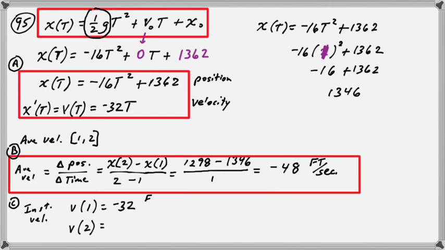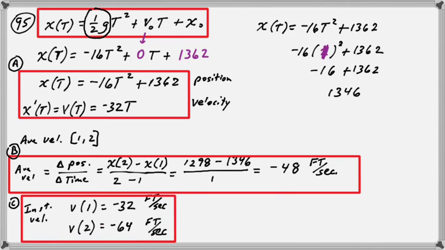And again, velocity is going to be in feet per second. If you were to put a 2 into here, you'd get a negative 64. You may notice that the average velocity is right in the middle between the two instantaneous velocities. So there's your A, B, and C.